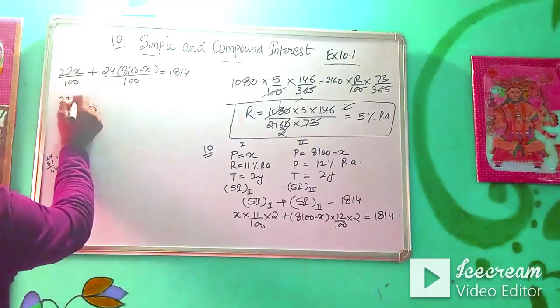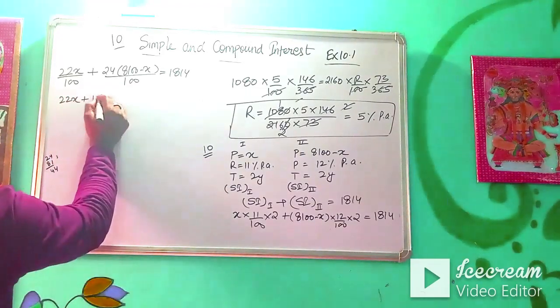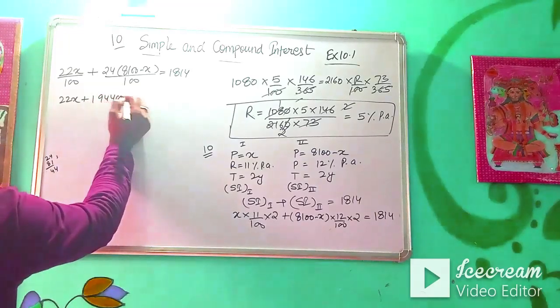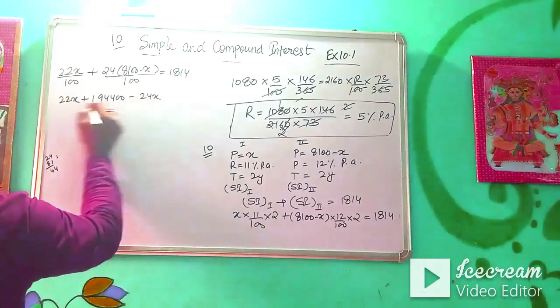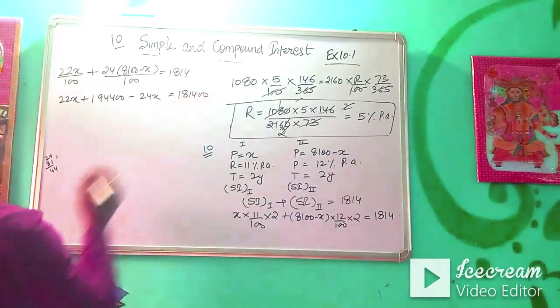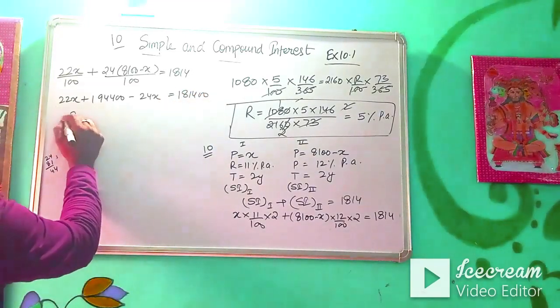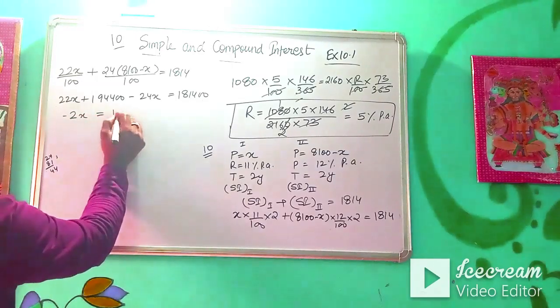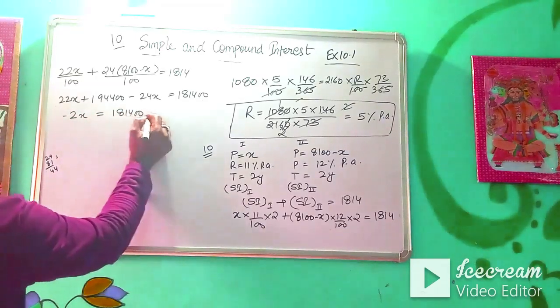So it is 22x plus 194400 minus 24x equal to, this 100 will come here, so it is minus 2x equal to 181,400 minus 194,400.